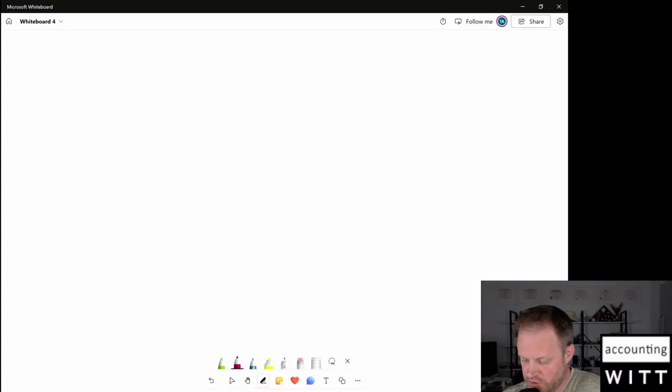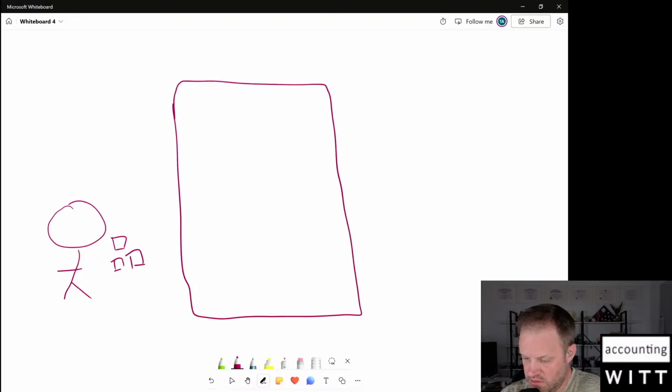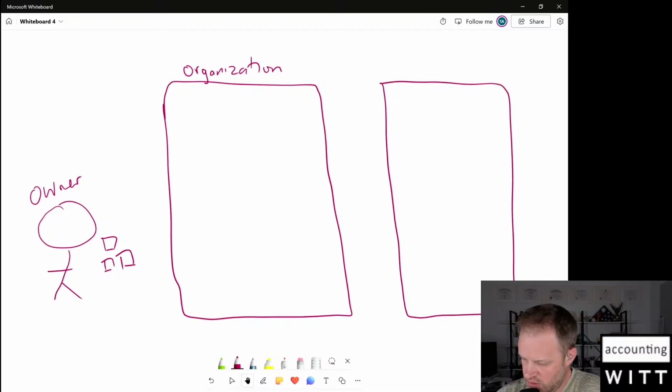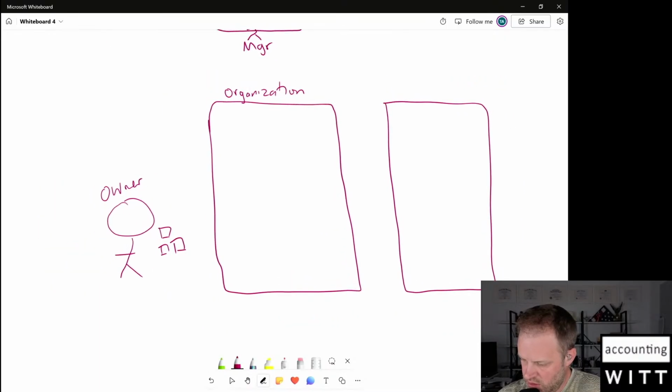So, first, somebody decides that they're going to organize resources into an organization. So, this is the owner. The organization has a scorecard. We're going to call it the claim scorecard.